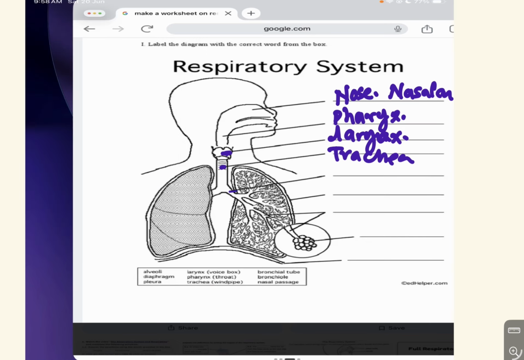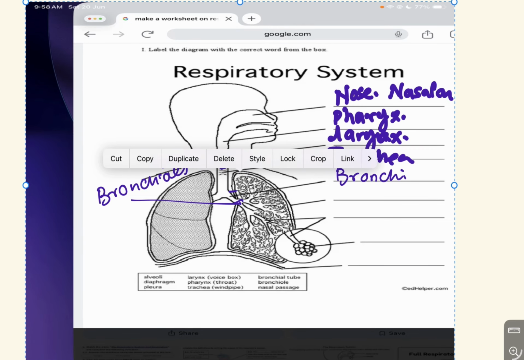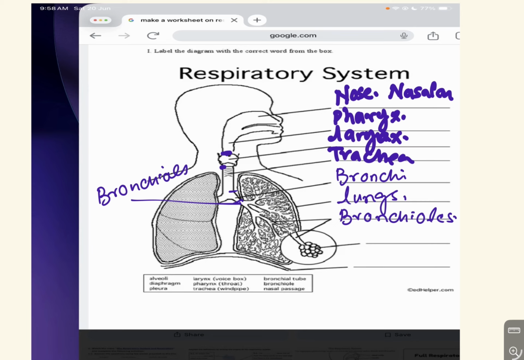Then here are the bronchi, and then the bronchi divide into bronchioles. And then we have tiny air sacs. Here we have the lungs, here we have bronchioles, and here the grape-like structure is the alveoli, okay.